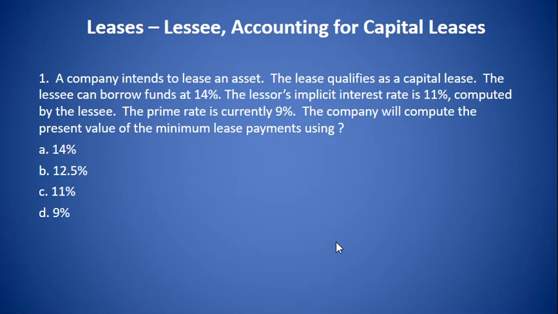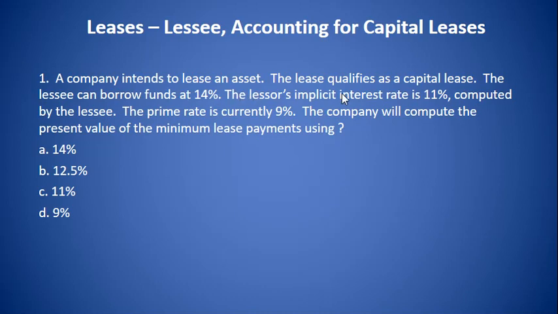Now let's try a couple multiple choice questions regarding lease accounting for capital leases from the lessee standpoint. Number 1, a company intends to lease an asset. The asset qualifies as a capital lease, so there's not even a question. The lessee can borrow funds at 14%.